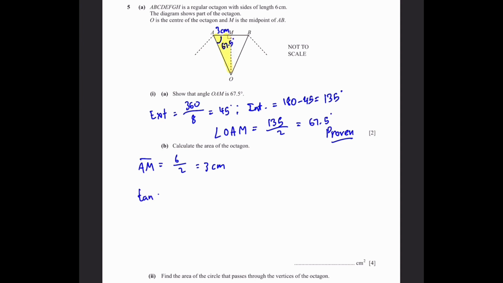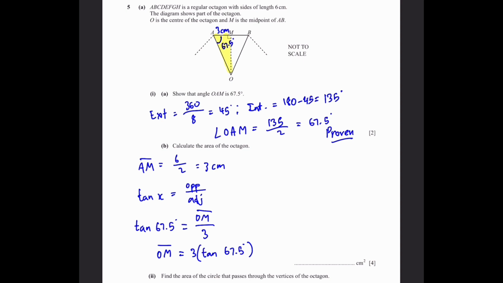So tan x is equal to opposite over adjacent. Here x is the angle, which is 67.5 degrees, the opposite is OM, and the adjacent is 3. So OM will be 3 times tan of 67.5 degrees.